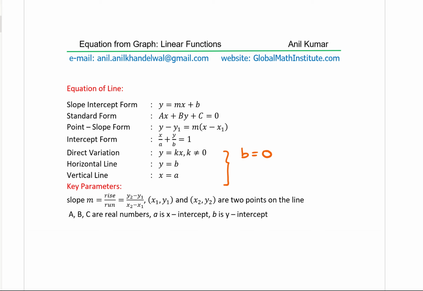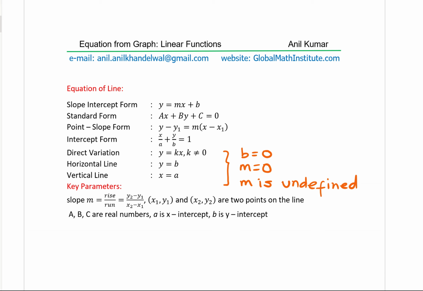A horizontal line y equals to b is when the slope m is equal to 0, and the vertical line x equals to a is the case when m is undefined. Now, it's very important to note that if m is undefined, then you cannot write equation of line in slope-intercept form, right? Because m is undefined. So in that case, we get the line equation as x equals to a.